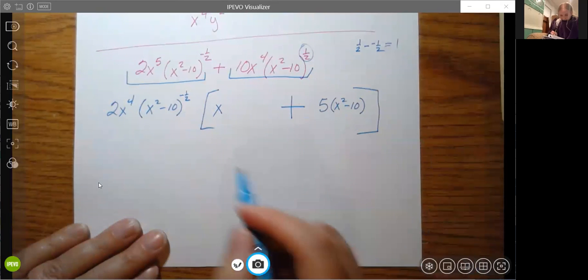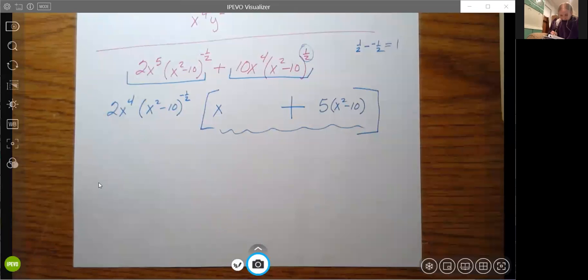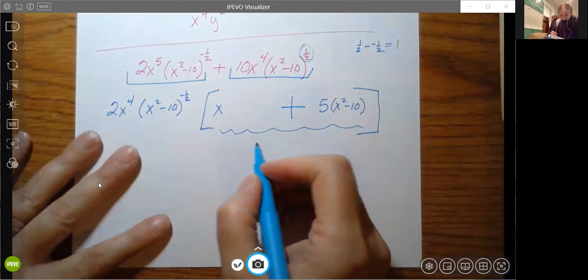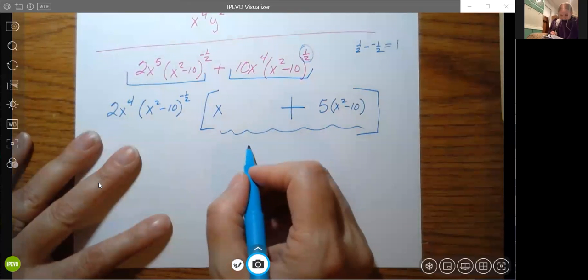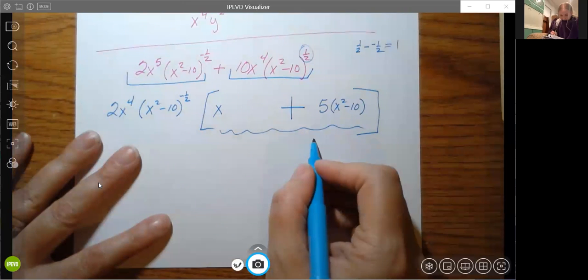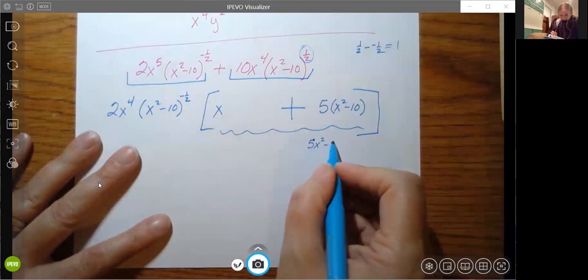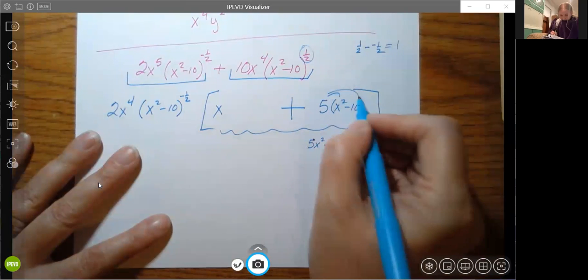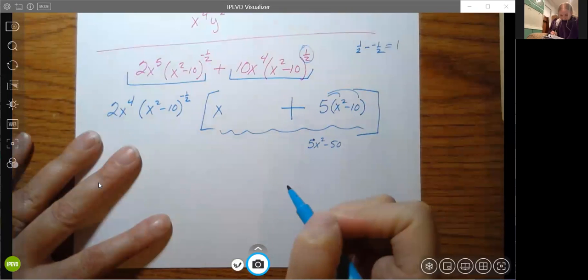Okay. What's the cleanup? Who's on cleanup crew tonight? Collie. Clean it up. You would distribute, so with the 5, you would get 5x squared minus 50. Okay.